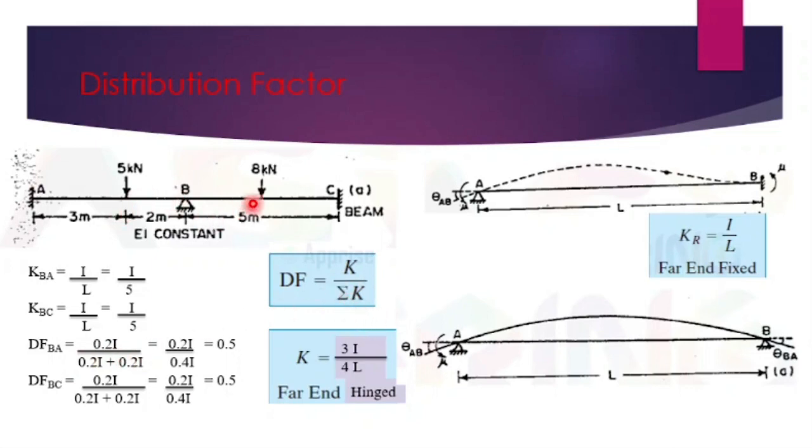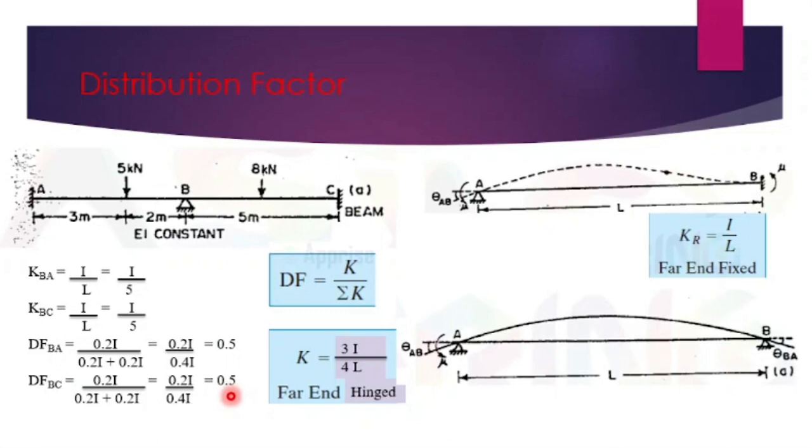How many members are here? Two members. Hence, this value is 0.2 and KBC is also 0.2. You have to add these two components and you will be getting 0.2 I by 0.4 I. I and I will get cancelled. 0.2 by 0.4 will be 0.5. So, distribution factor is finally found as 0.5 and distribution factor for BC is also 0.5.